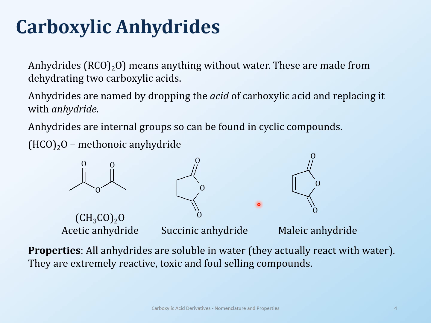Then anhydrides are kind of similar to acyl chlorides in the sense that they're a derivative of carboxylic acids, and this is what they would look like. So there's a carbonyl which are connected by an oxygen. There are a lot of oxygens here, so you have to be careful and be able to tell them apart.